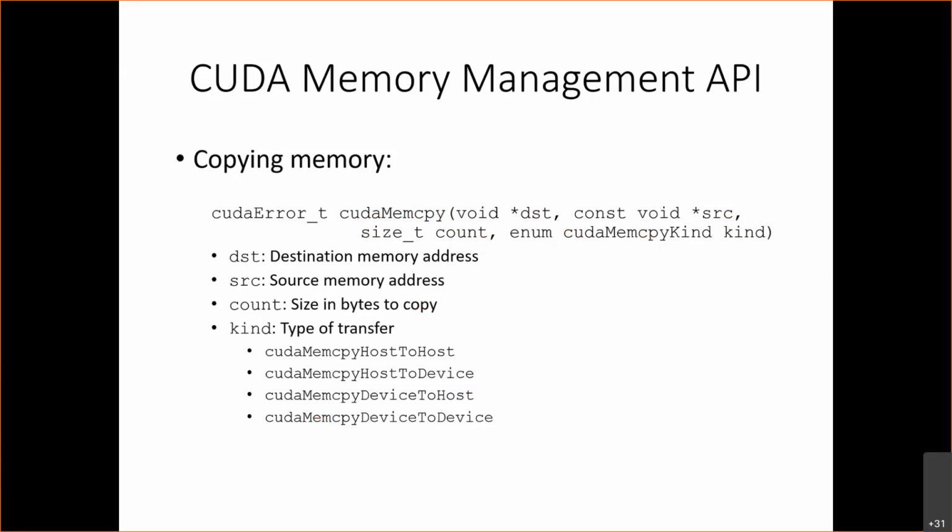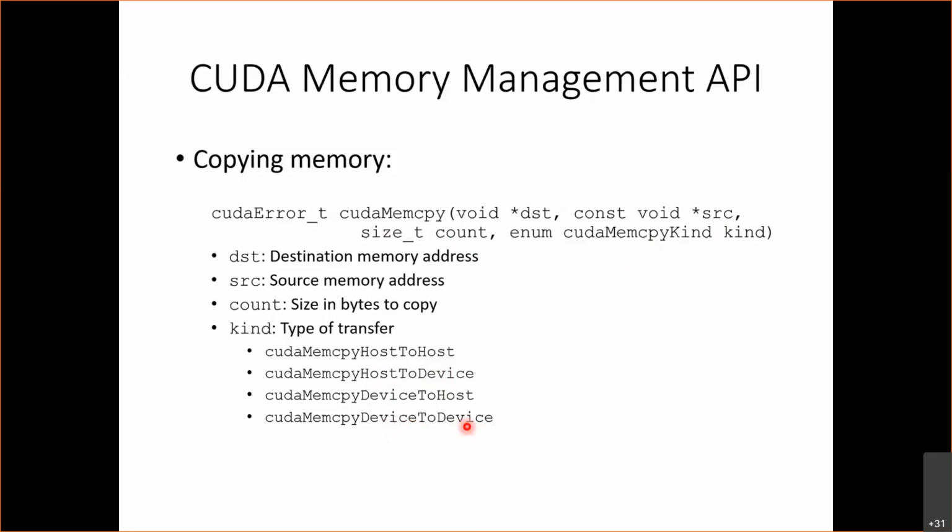The most common directions are host to device and device to host. That's where I want to copy from the CPU to the GPU, host to device, or from the GPU to the CPU, device to host. But other possible ones are host to host and device to device. So maybe I want to copy something from one place in the GPU to another place in the GPU. I can use device to device.